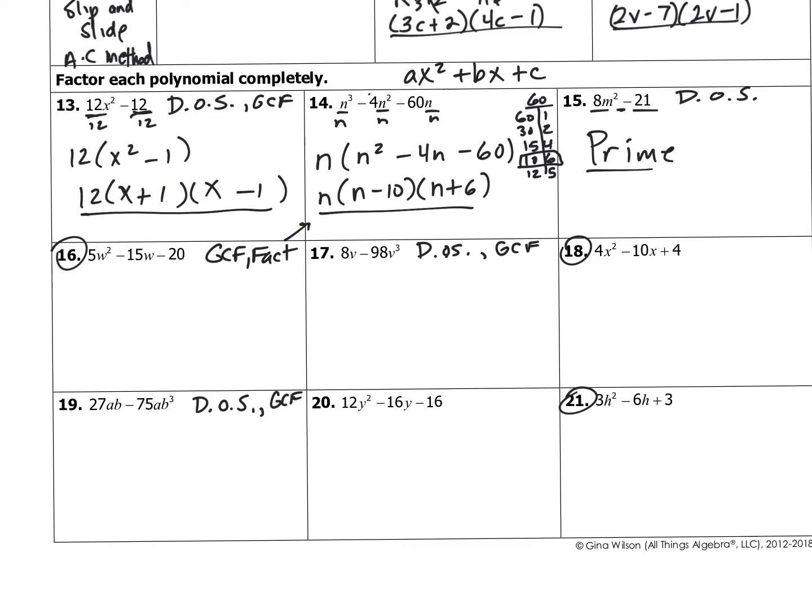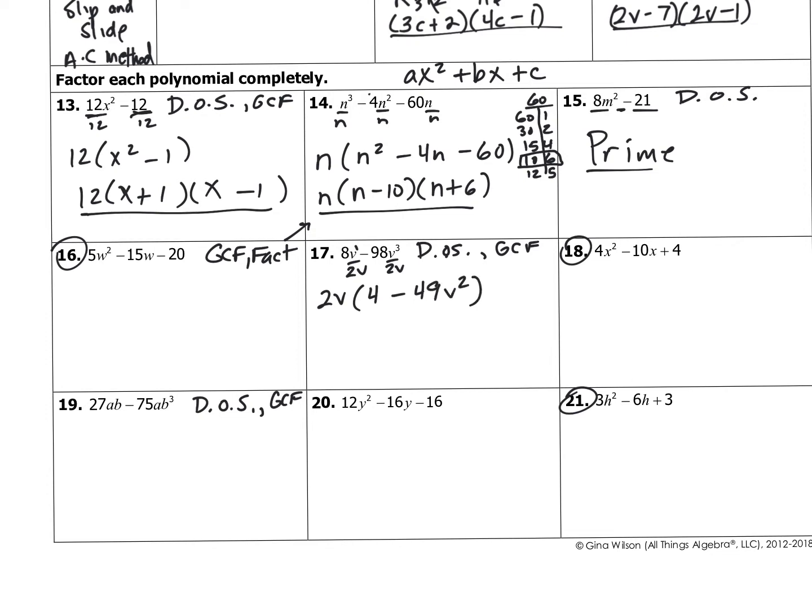17, there is a GCF of 2, and each term also has a variable, so I can take out the one with the smallest exponent. That's going to be the first one, v to the first. And if I divide both terms by 2v, I'm left with 4 minus 49v squared.